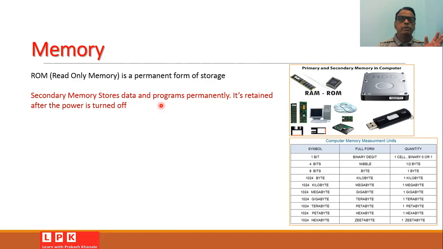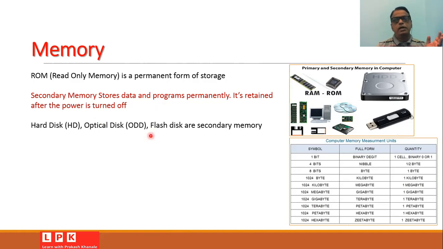It will retain them even if the power supply is switched off. Hard disk, optical disk, flash disk, pen drives, all these are secondary memory. Whenever you want to carry some information from one computer system to another, you can make use of such secondary memory.